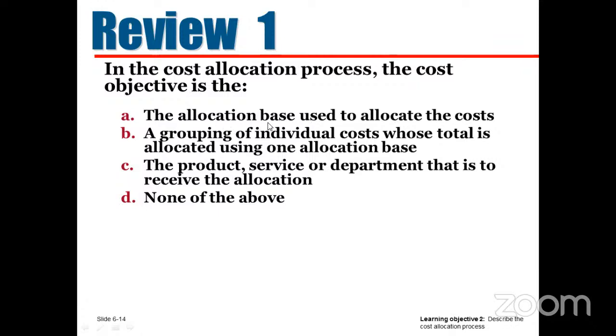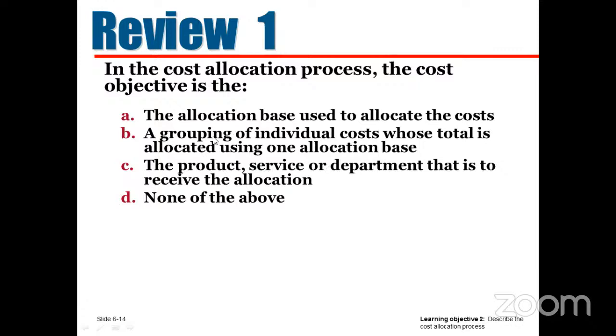Actually, the allocation base is the unit you want to use to allocate the manufacturing cost, or we call it the cost pool. That 1 million you want to allocate, you choose machine hour as the base you want to use.